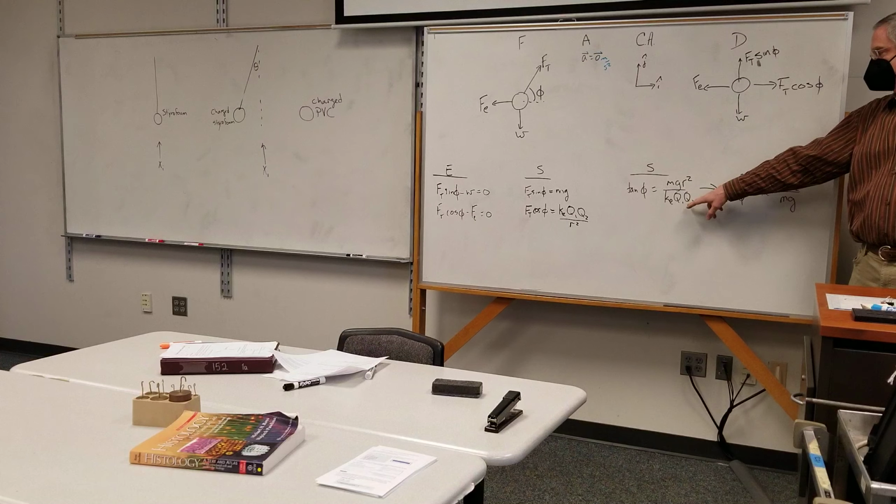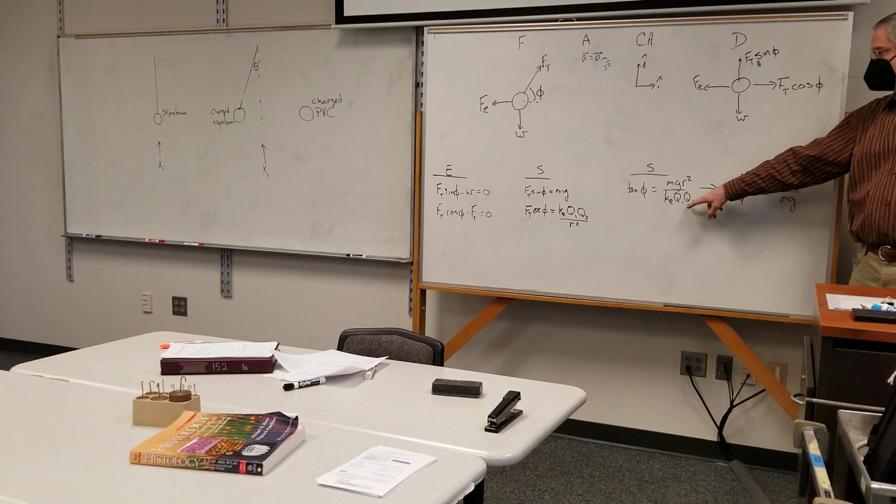Just rearranging it some to go more towards what you get in the lab, you basically flip both sides and then multiply both sides by r squared, and we get this. So if I plot that versus this, I have an r squared over tan phi, and then I have a q1 q2 over mg.